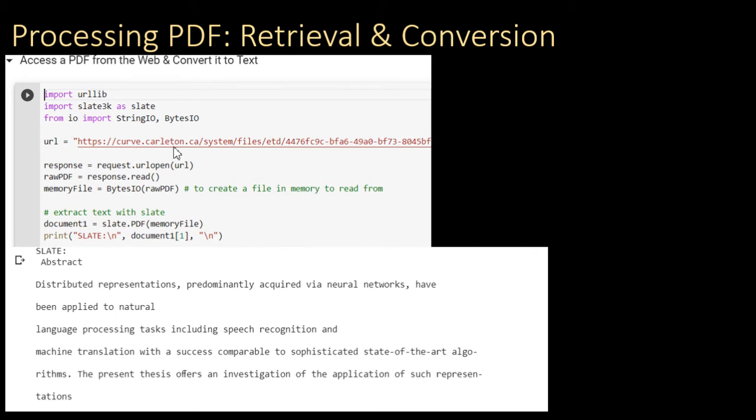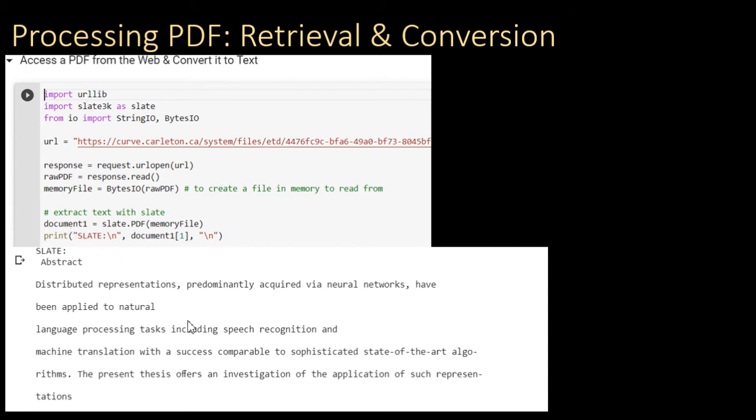This URL is a PDF URL on the web. You can access the URL just as before, store the response, read the response, and store it to memory as a PDF file. Then we can use Slate's .pdf method to convert the PDF file to text.